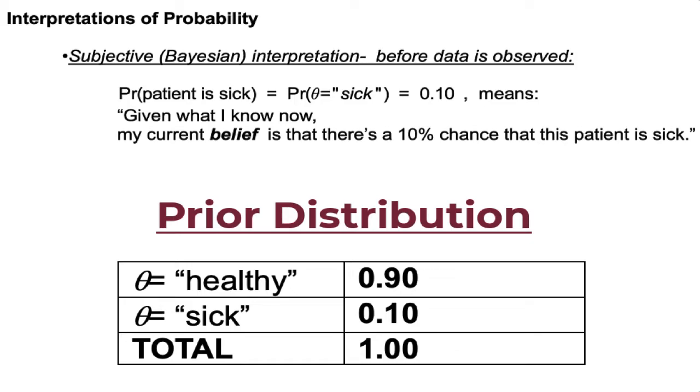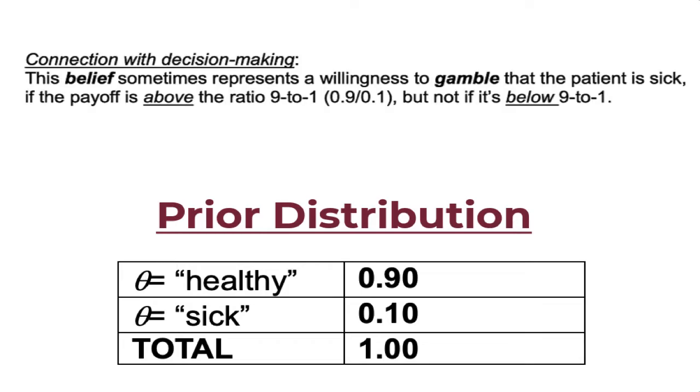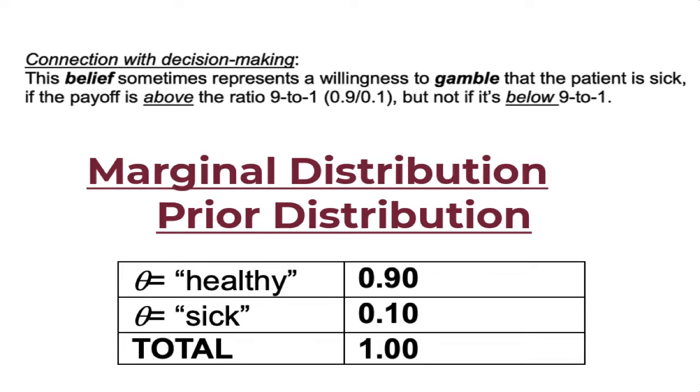It's a proportion of people walking in my clinic door who actually do have the disease. Because it's going to be a key ingredient in making the best medical decisions for future treatment. The prior distribution is an example of a marginal distribution. We'll learn about another marginal distribution, a very important one, shortly.